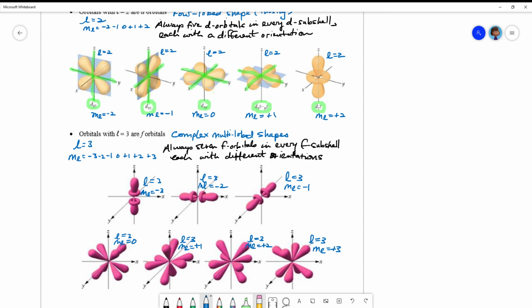Well, it depends on how many m sub L values you get. If L is equal to 4, m sub L would go from -4 to +4. Count the values, and what you'd find out is we would have 9 g orbitals in a g subshell. And we could keep going and going, but we're not. We're focusing on the orbitals that are more important in ground state atoms, which is what we're really interested in.